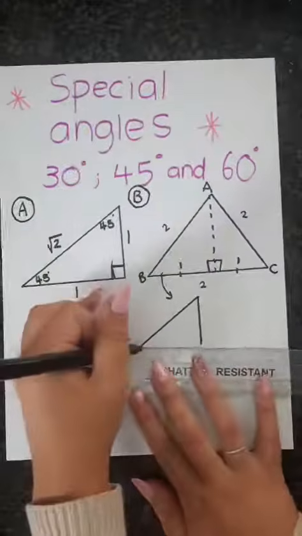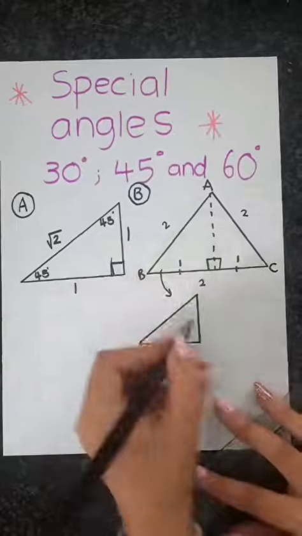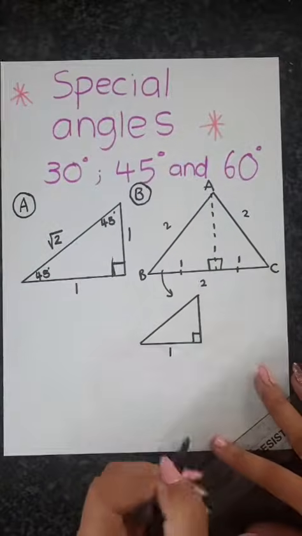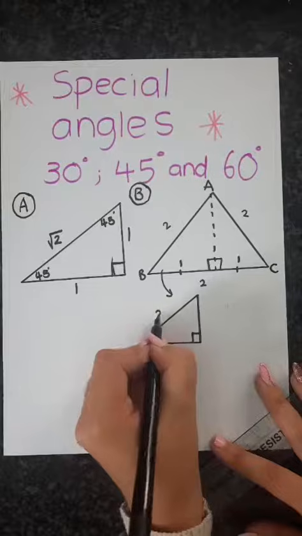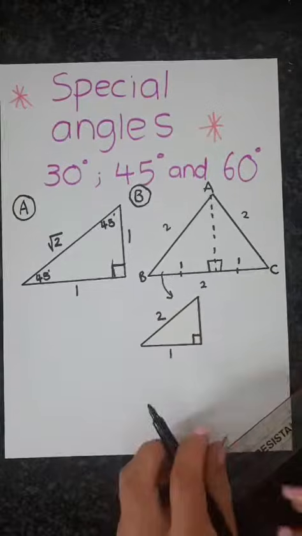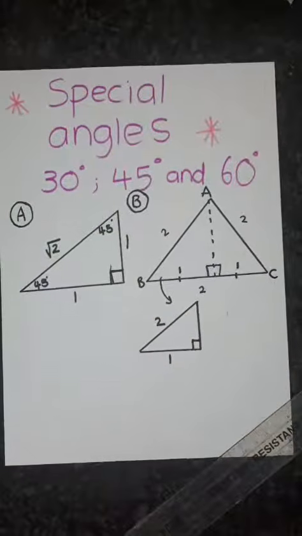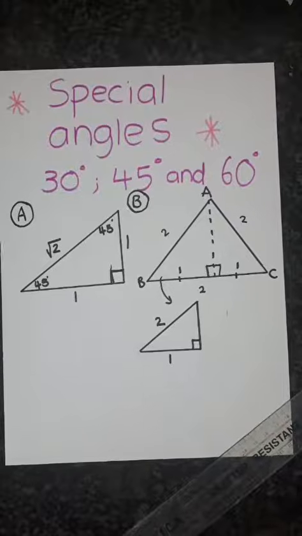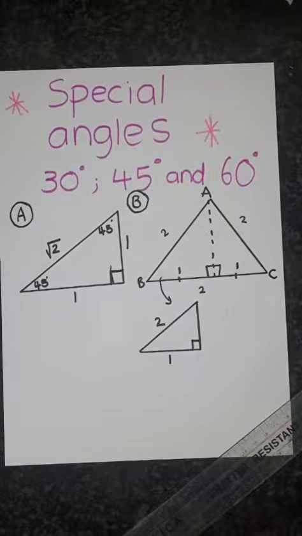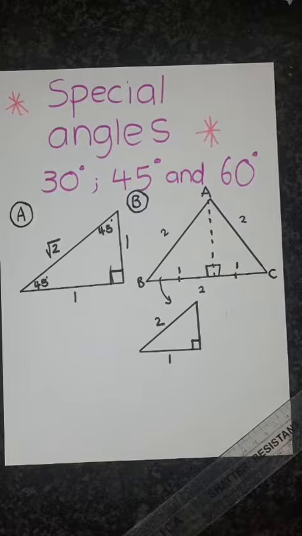Okay, so to create this triangle, just to show you. Now look at what we've got here. If that's 1 and that's 2, how do I find the third side?